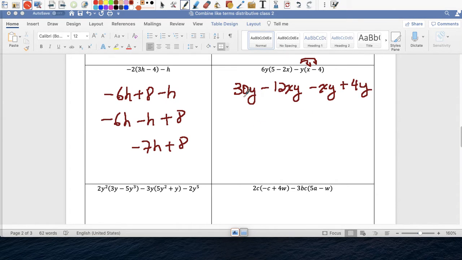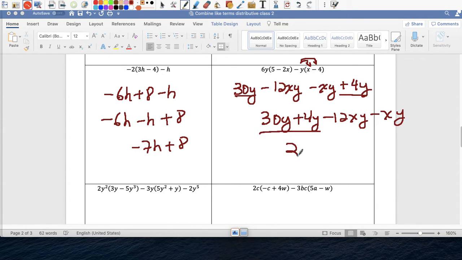Are there any like terms? Yeah, these two and these two. So 30y plus 4y, and then minus 12xy minus xy. This is easy, 34y. Be careful, that's minus 12xy minus xy, which gives us minus 13xy.